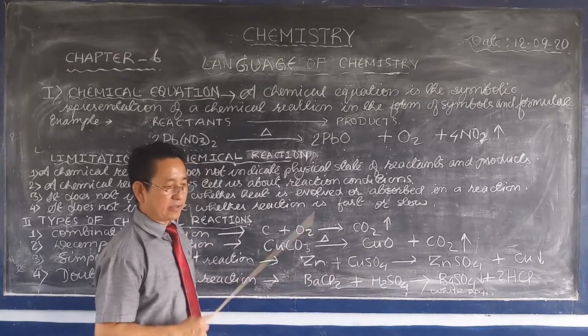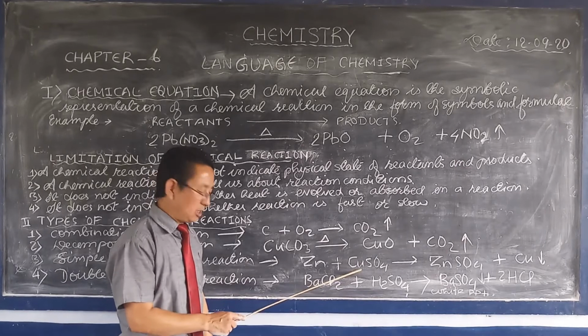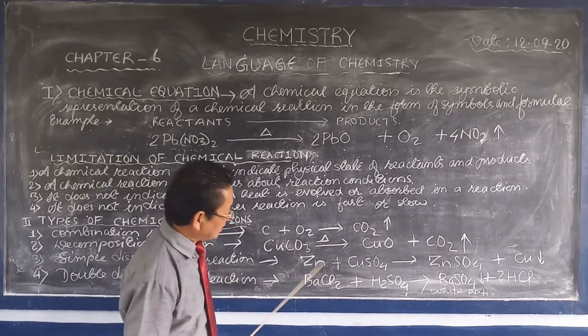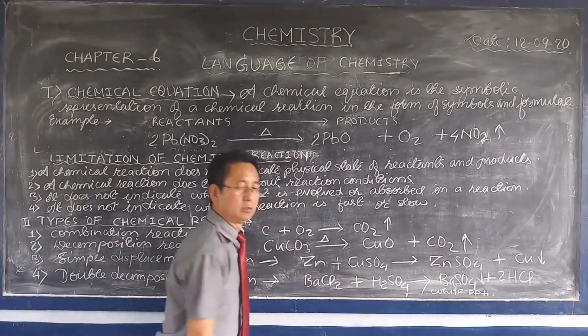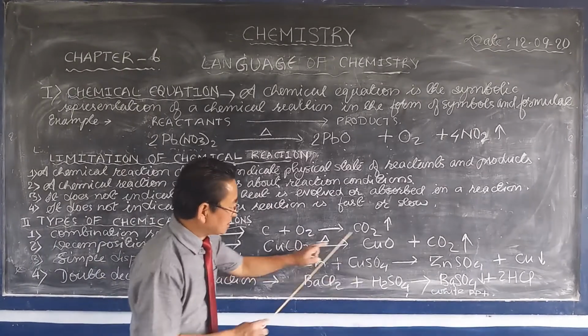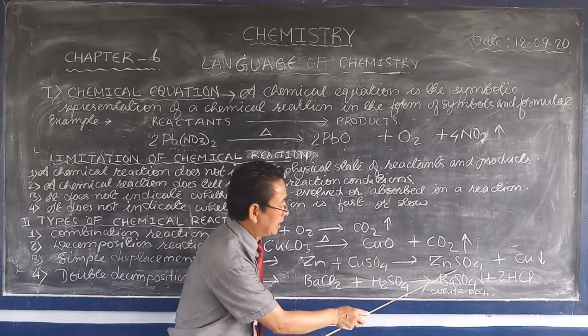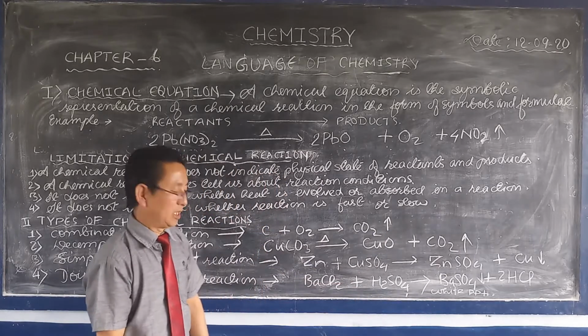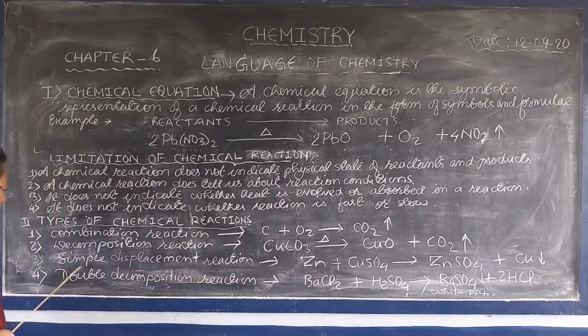So when zinc reacts with copper sulfate solution, zinc displaces copper from copper sulfate solution. Zinc itself combines with sulfate and gives zinc sulfate. This is an example of a simple displacement reaction.